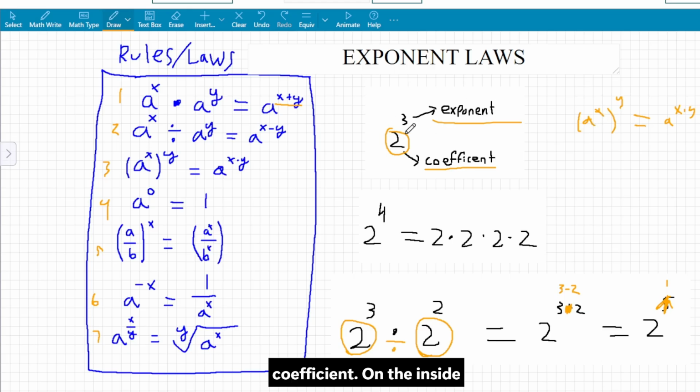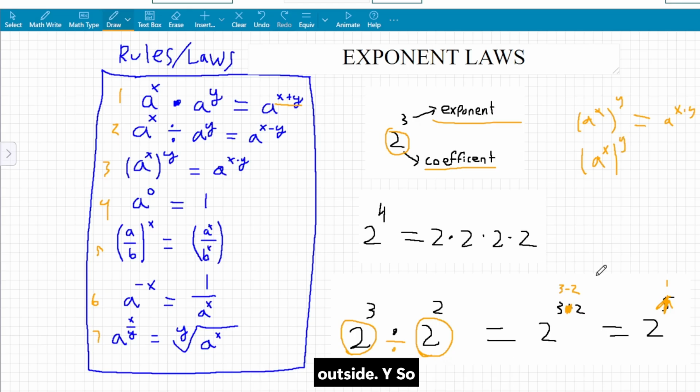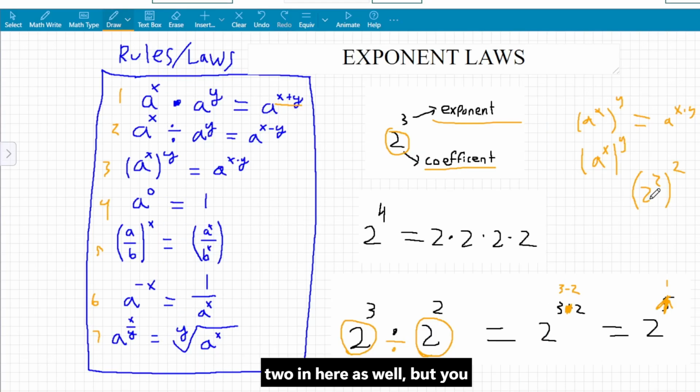Our exponent on the inside with the x is going to get multiplied by whatever exponent we have on the outside, y. So for example, if we have 2 to the power of 2 on the inside and 2 on the outside, you would think you put this 2 in here as well, but you actually do not.